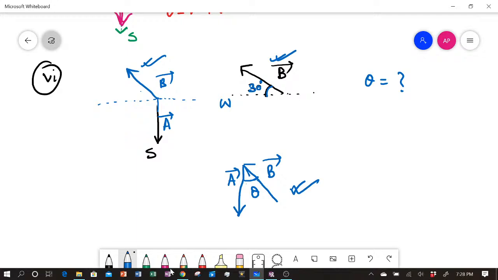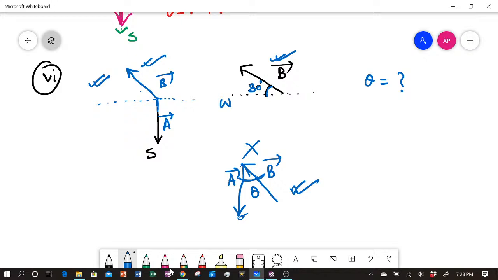Yes, the first one. Hello, Muskan. Yes, this would be the correct drawing, not this one. Now, how to know which drawing is correct? See, we cannot join the end of this vector with the starting of this A vector, because it will not give the angle between these two vectors.